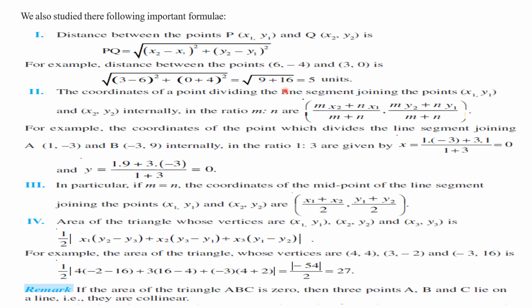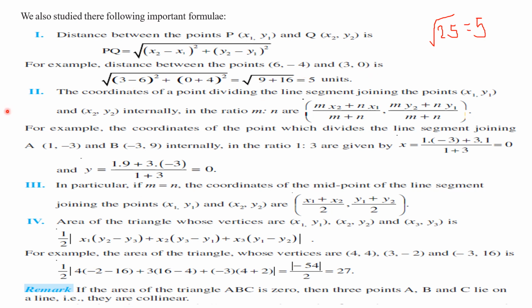So the square root of 9 plus 16, which is the square root of 25. What is the value of the square root of 25? Yes, it is 5. So 5 units is the distance between the two given points.